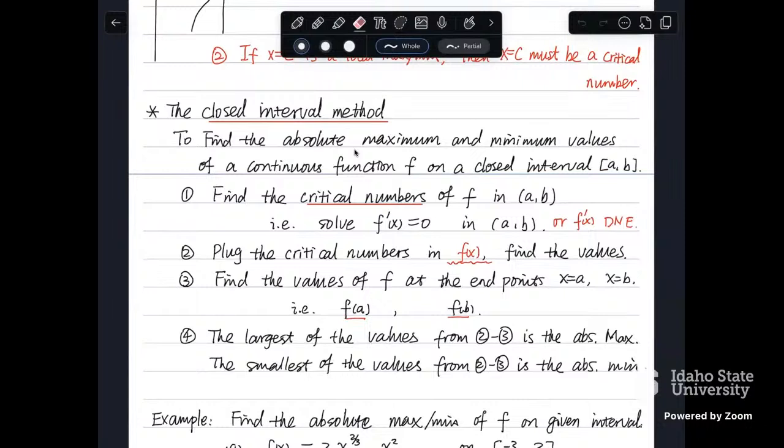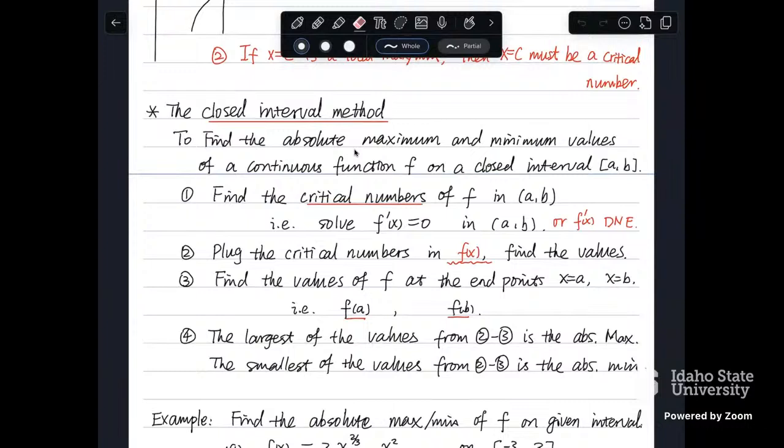That's the first step. The second step is, after you figure out the critical numbers, remember the critical numbers give you the candidate positions for the maximum value, minimum value. So you need to plug those numbers into the original function to get the function values.